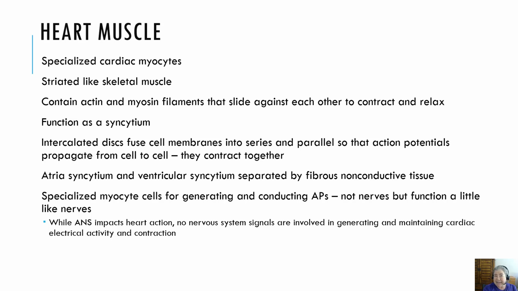Now, it's not getting signals from those two systems, the sympathetic and parasympathetic arms of the autonomic nervous system, to help it beat faster or slower to maintain proper homeostasis, but it's going to continue to generate action potentials and to contract so that the heart will keep beating. You can cut the nerves to the heart and it will continue to beat.